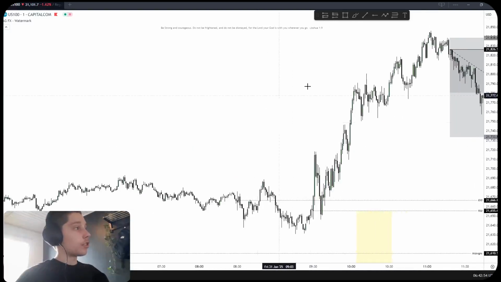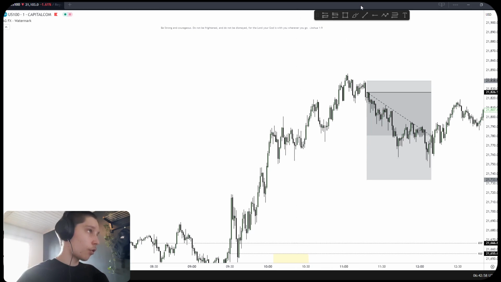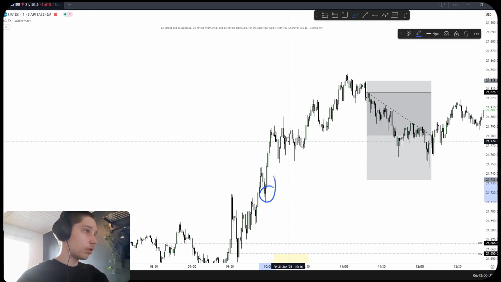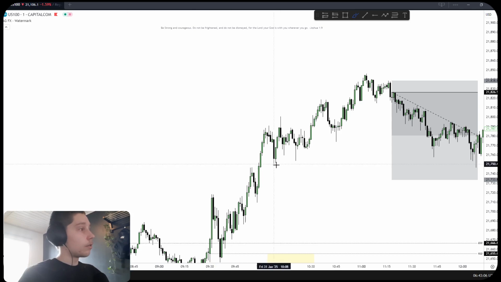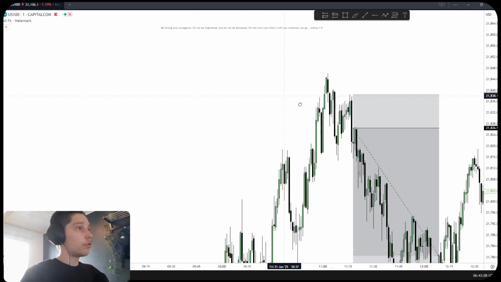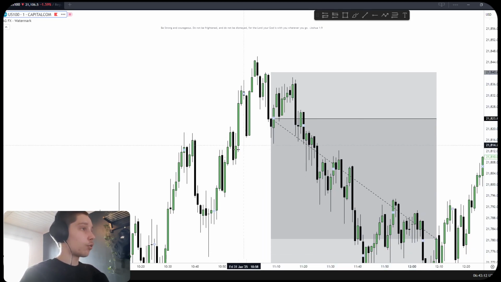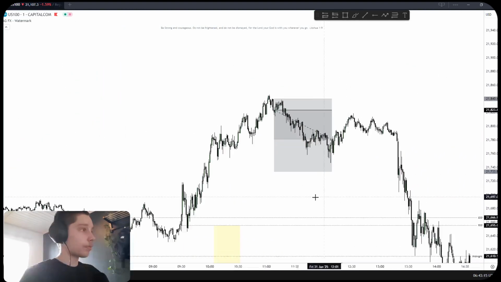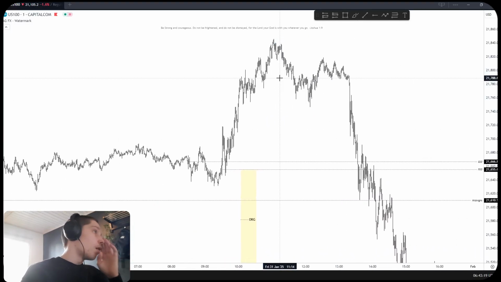The problem just in here is that this is kind of like a trap. Trying to short in this, you lose every time you try to short, but the good thing is that the market doesn't really give you an opportunity to short either way. The first opportunity to short really, I would say, is this, and it actually works out, so that's nice.